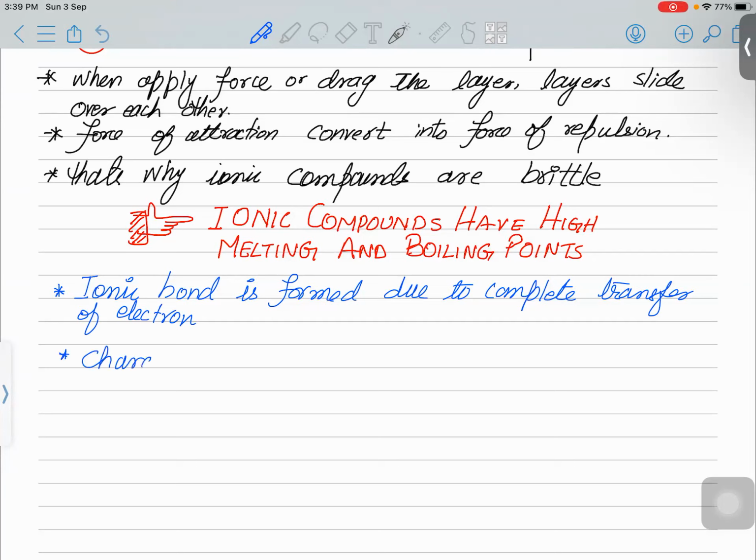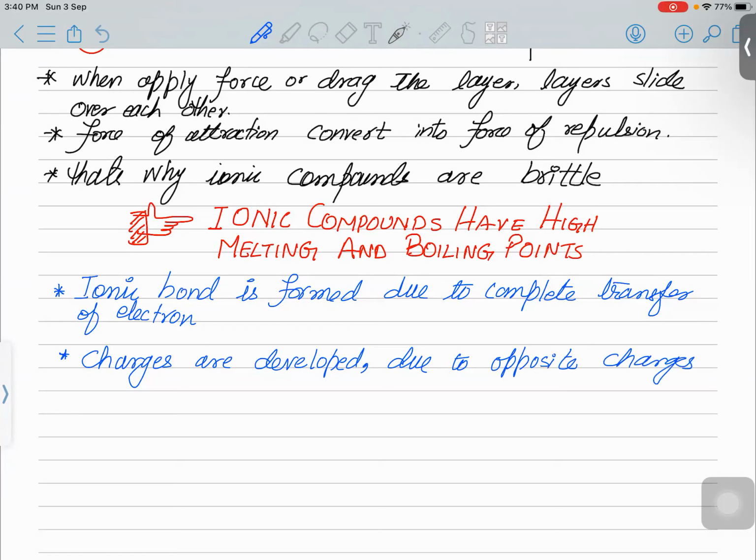Point number two, charges are developed due to opposite charges, plus and minus.